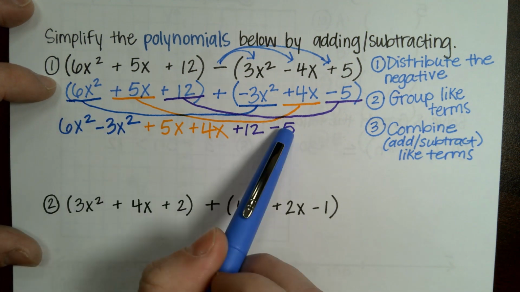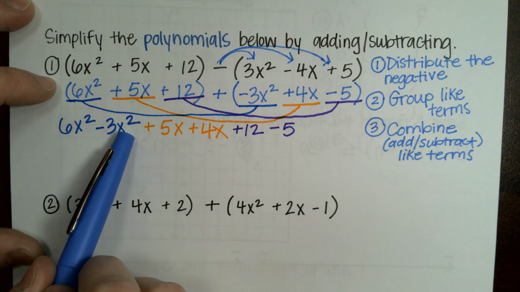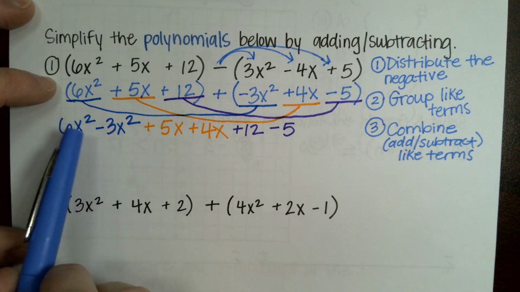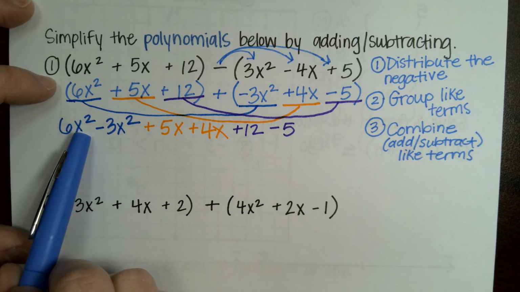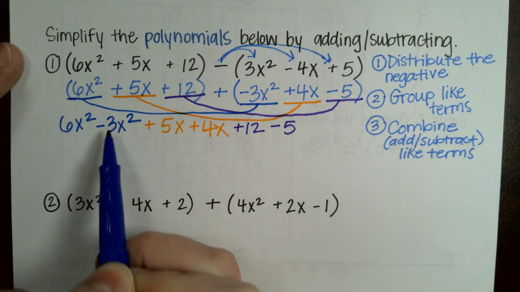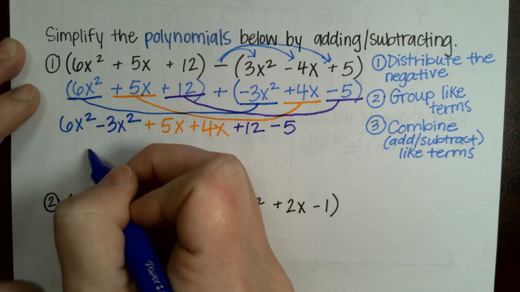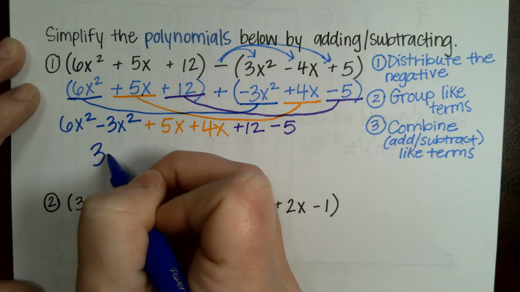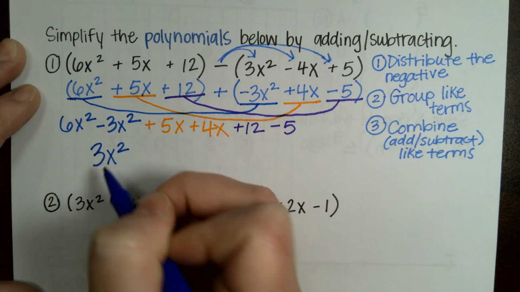We're not multiplying at this point. We're just adding the beginning numbers together in front of those variables. That's all we're doing. So for the first part, we've got our x squareds. What is 6x squared minus 3x squared? Yeah, you're just doing 6 minus 3. And that's going to be 3x squared. Do not forget your variables.